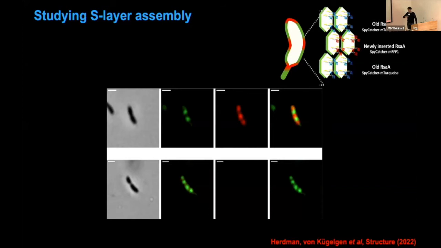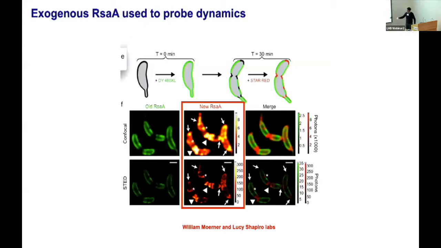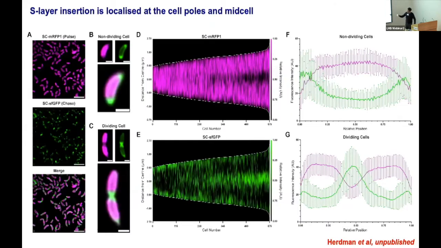What we found is that the S layer is secreted in discrete parts of the cell. As we were doing these experiments, other people, William Merner and Lucy Shapiro's laboratory, also reported the same thing using two-color STED methods. I apologize, we're just putting together the manuscript. The colors are different: the old S layer is in magenta and the new S layer is in green.